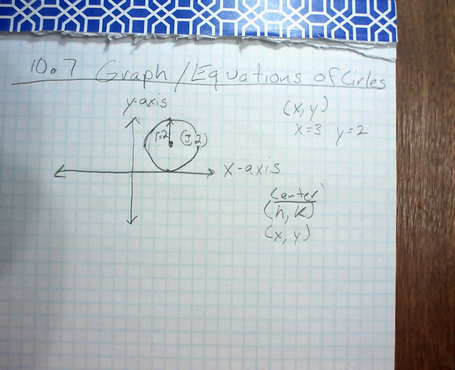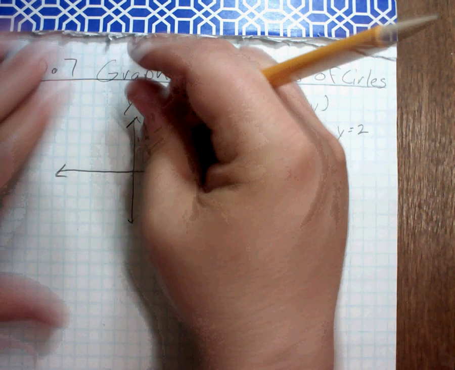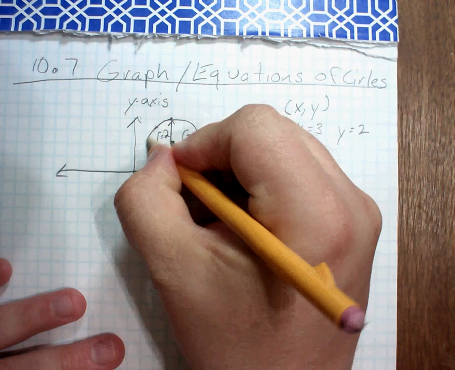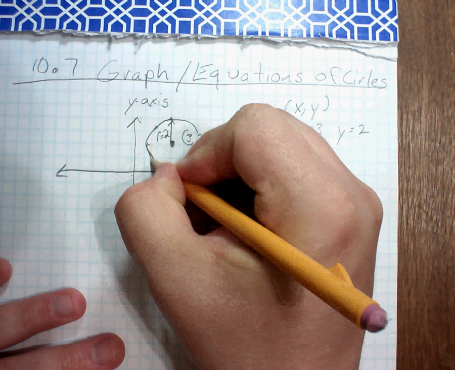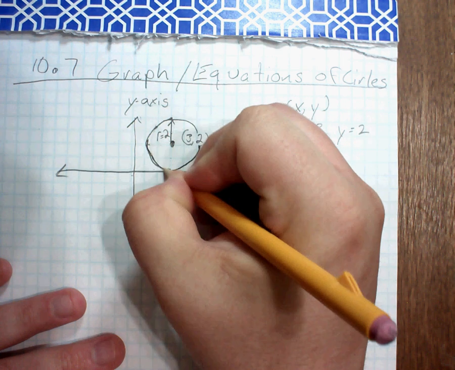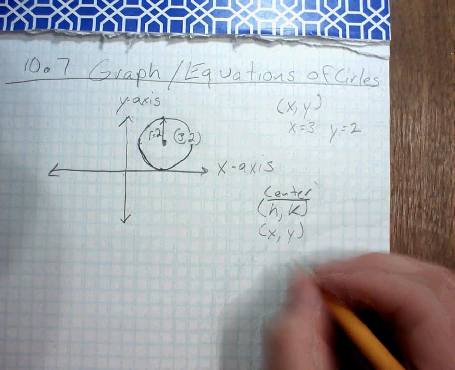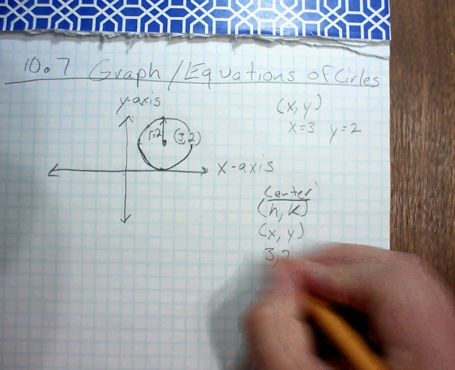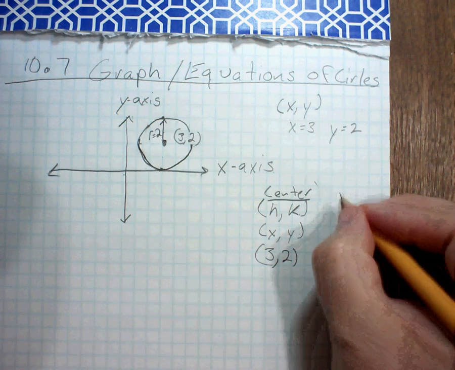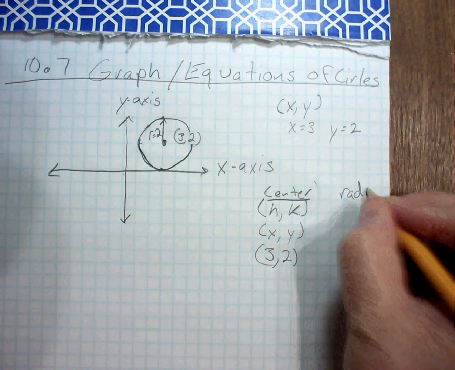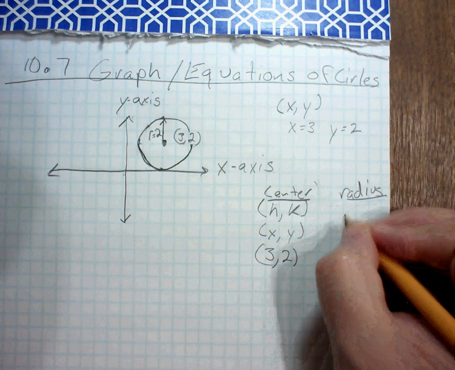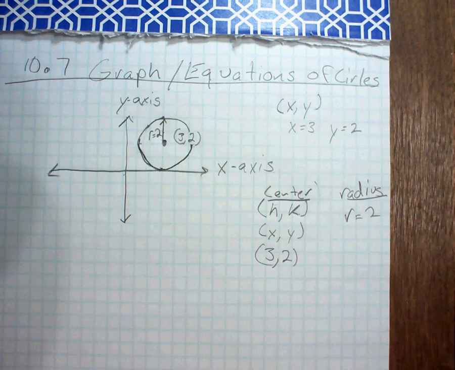It doesn't look like it on the screen, actually, because for some reason my document camera kind of skews the image. But so then we would say that the center of this circle would be 3 comma 2, and that the radius is r equals 2.